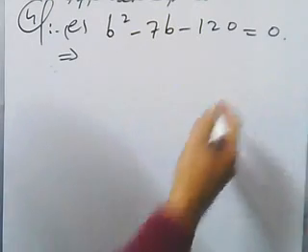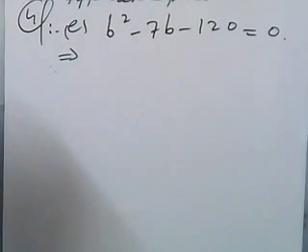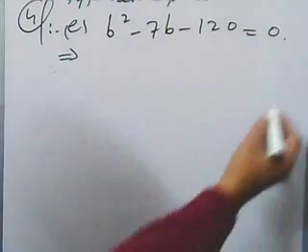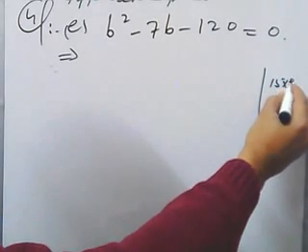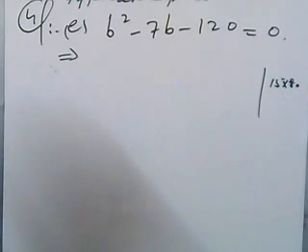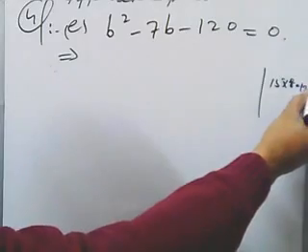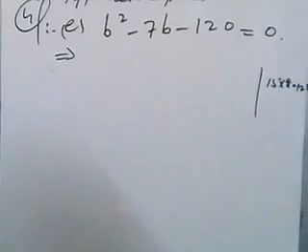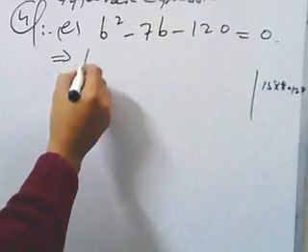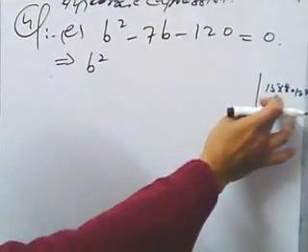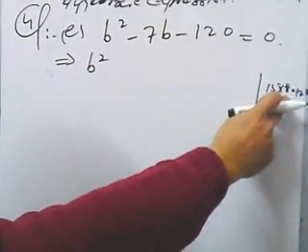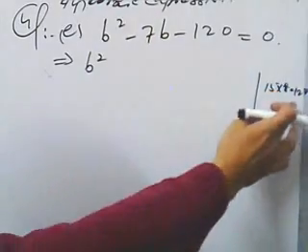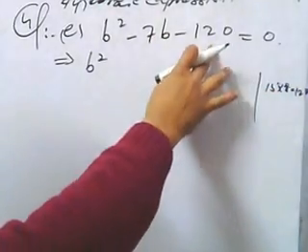For example, you can use a calculator to make the factors: 15 times 8 is 120. So here we have made the factors. These two factors are very appropriate, because 15 minus 8 gives minus 7, and after multiplication you will get 120.